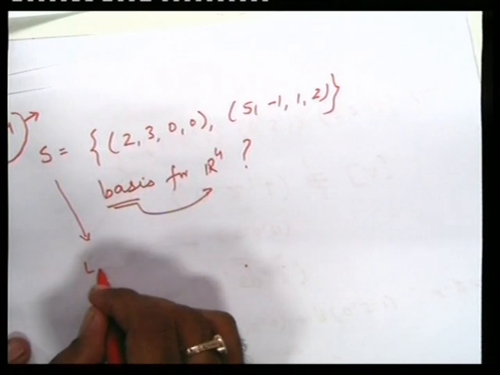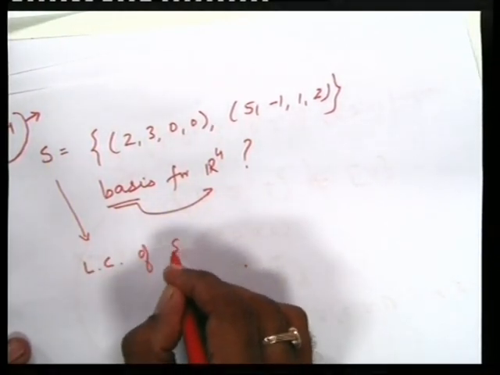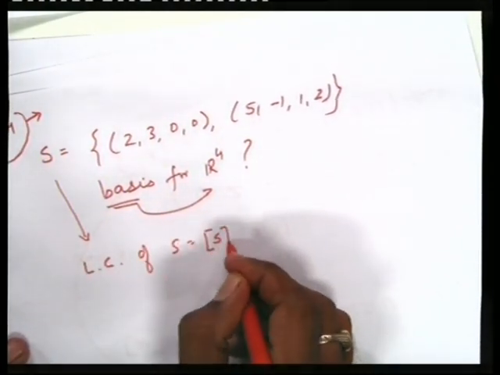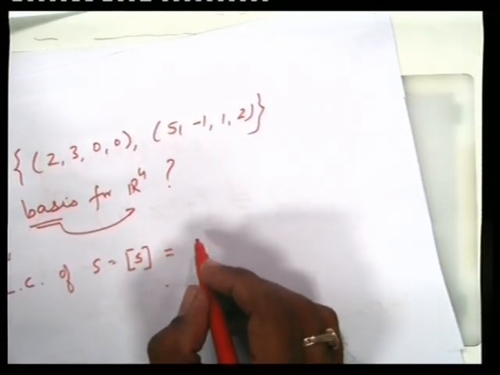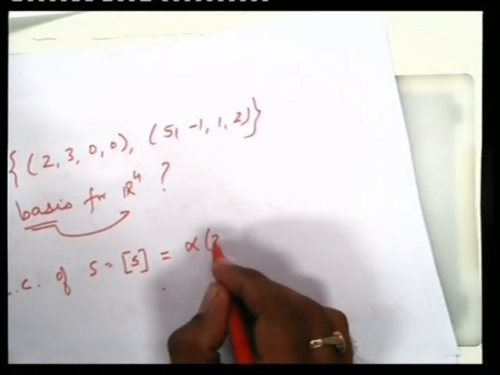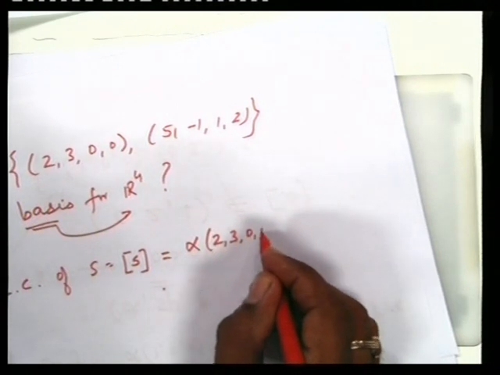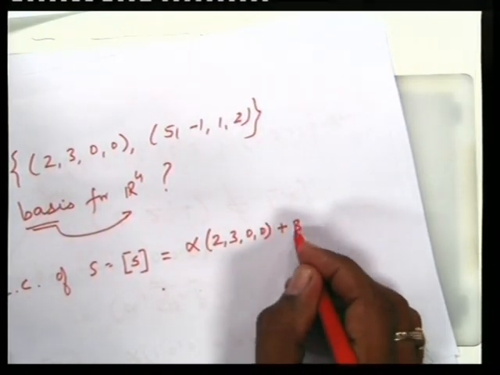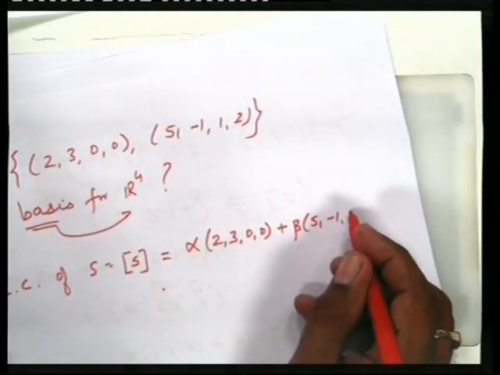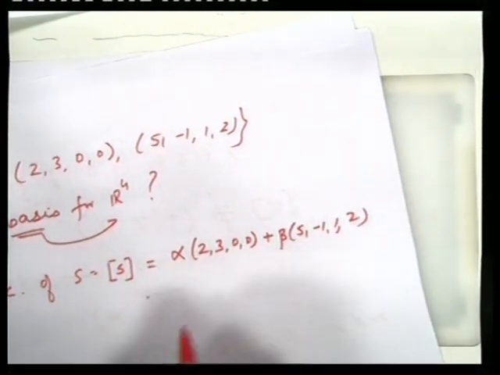Let us take the linear combination of S. The linear combination of S will be alpha into (2, 3, 0, 0) plus beta into (5, minus 1, 1, 2).